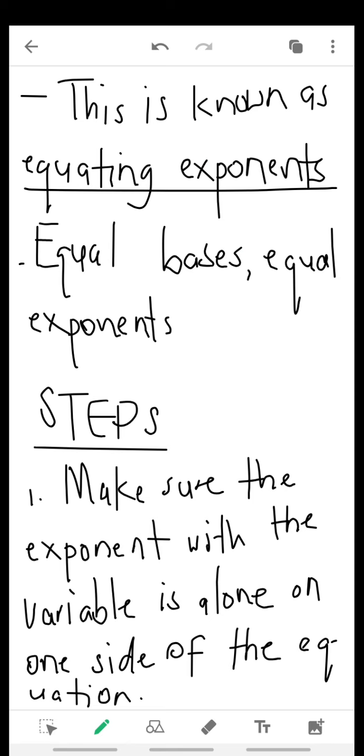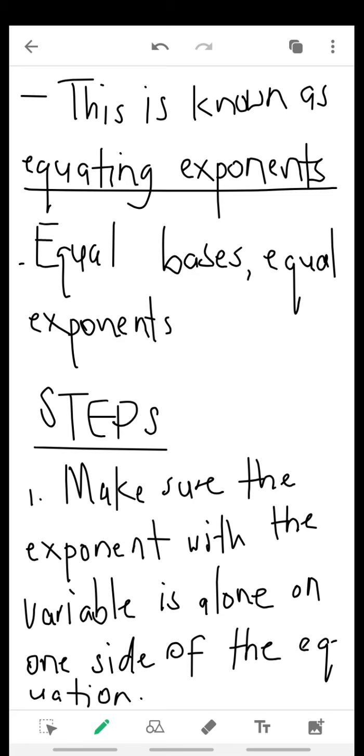Make sure the exponent with the variable is alone on one side of the equation. So what we're saying is a base will be raised to an exponent and another base raised to an exponent. Make sure that the base with an exponent which is a variable, where there is a letter in the exponent, is on one side, and then the base with an exponent that doesn't have a letter is on the other side.